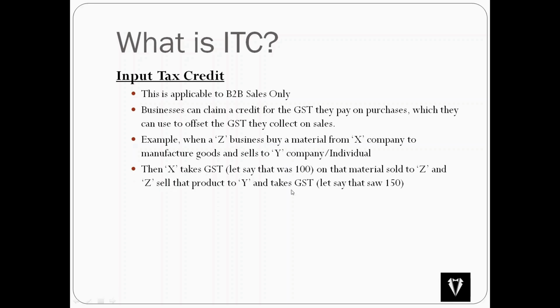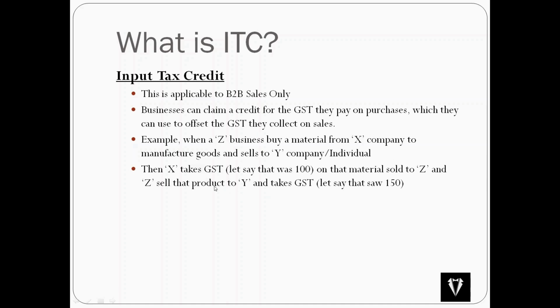So when you buy some goods from X company, the wholesaler, he takes 100 GST from you, let's say an arbitrary amount, for the material sold to Z, because he will take some GST on his sale.